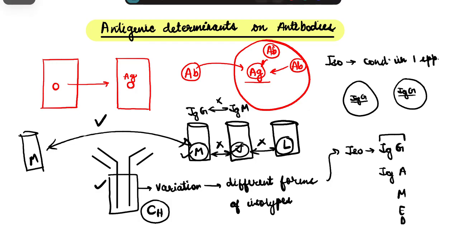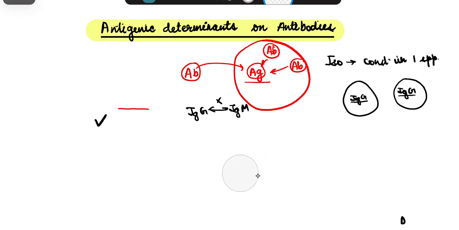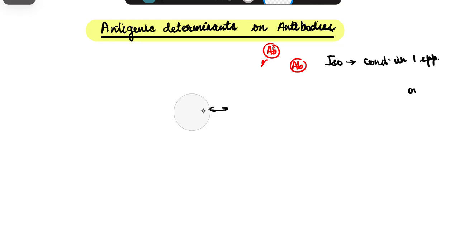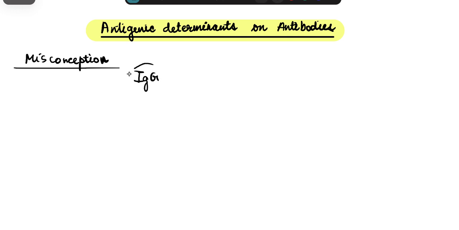Now let us move on to another concept, that is allotype. What is the meaning of allotype? There is another common misconception which people have. The misconception is as follows. We take the IgG antibody.